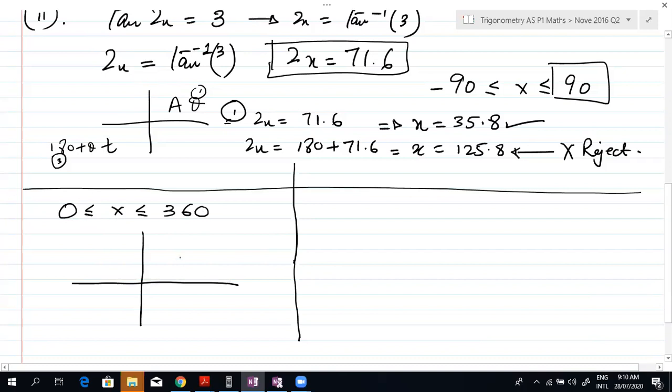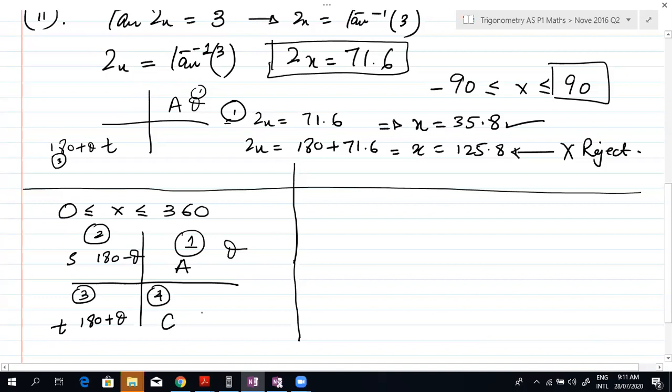What we do is we have the first quadrant, we take theta. In the first quadrant, all are positive. Second quadrant, we have sine positive. We take this as 180 minus theta. The third quadrant is tan positive, and this is 180 plus theta. The fourth one is cos positive, which is 360 minus theta.